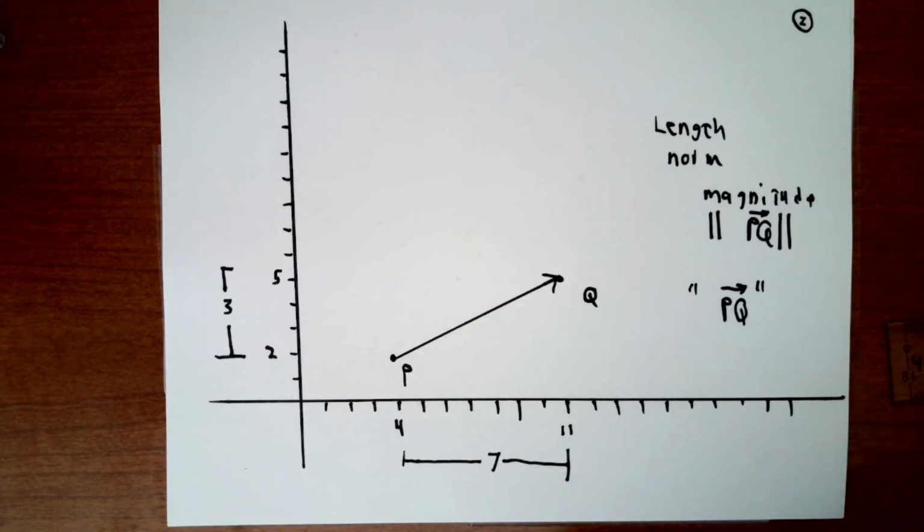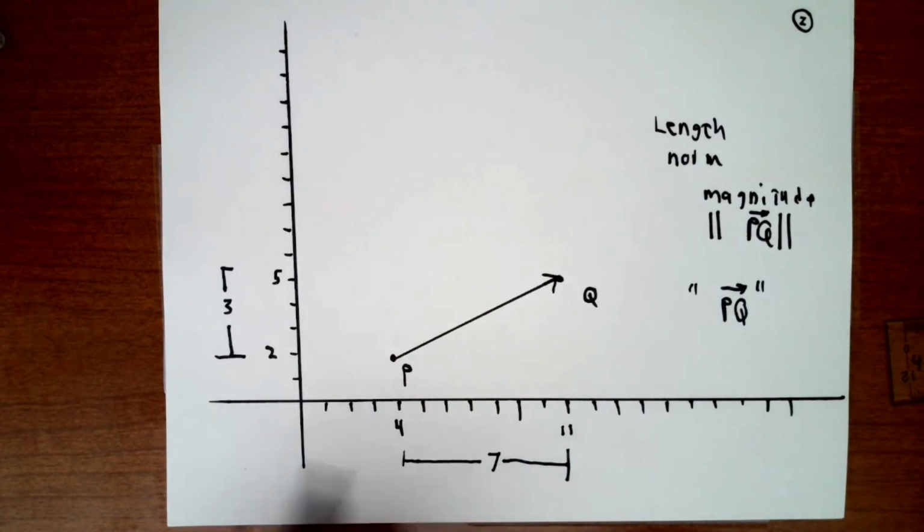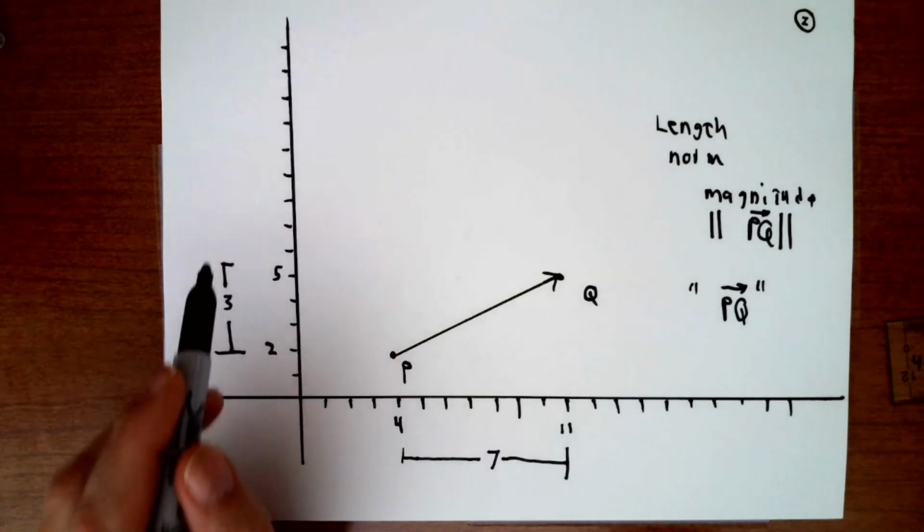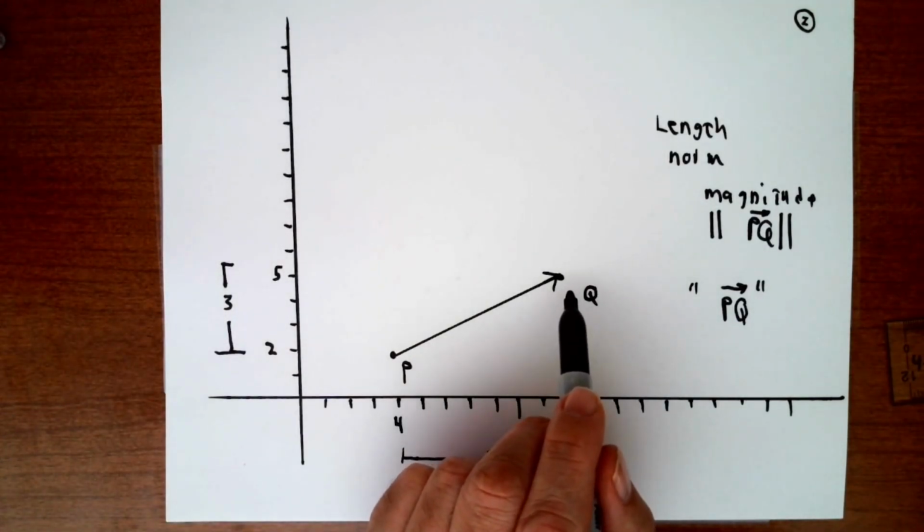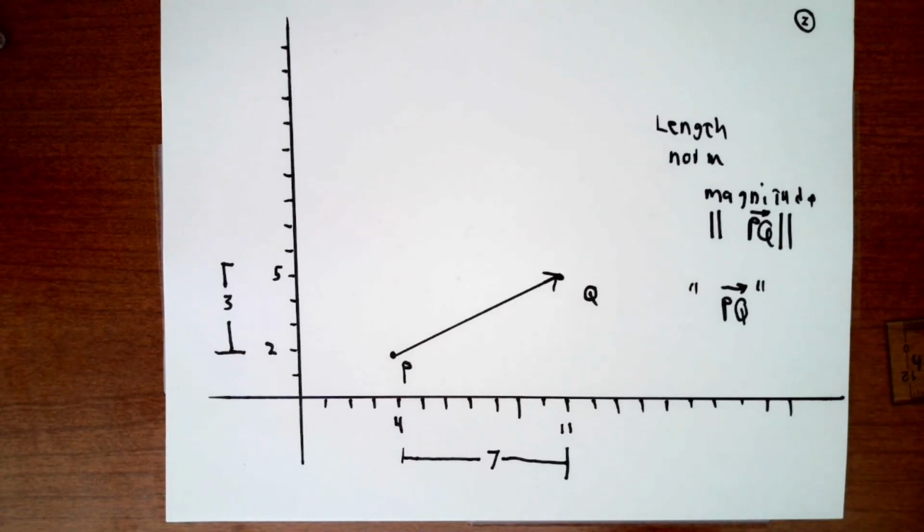If I use the coordinate axes as though they were rulers, I can think of how I travel from P to Q in the following way. I start at my initial point, and I travel 7 units to the right, and 3 units vertically, which will place me at the location of Q.